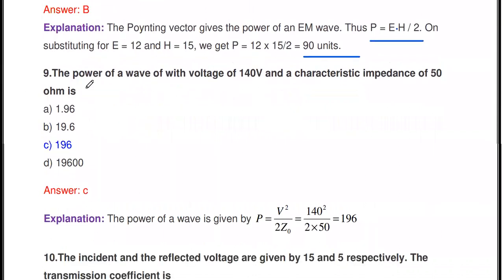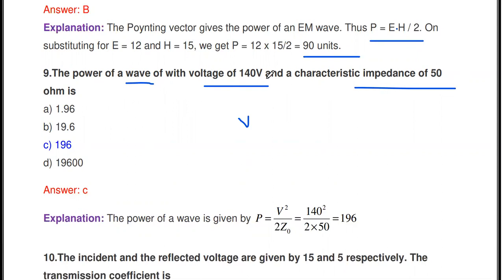Then the next one: the power of a wave with a voltage of 140 volts and a characteristic impedance of 50 ohms is dash. Here the voltage is 140 volts and the characteristic impedance is 50 ohms, and we have to calculate the power of that EM wave.